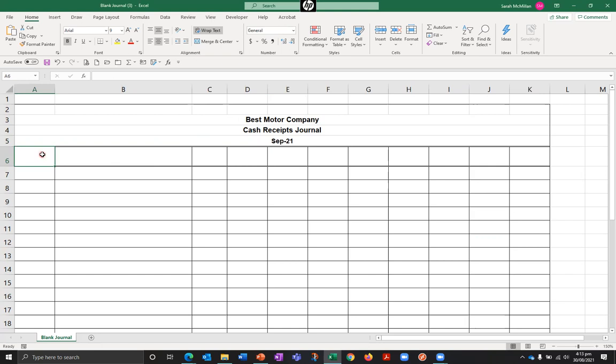The headings are going to be the same as the journal that you see in your book, which are date, transaction, folio, total, GST, cash sales, debtors, rent, and interest.